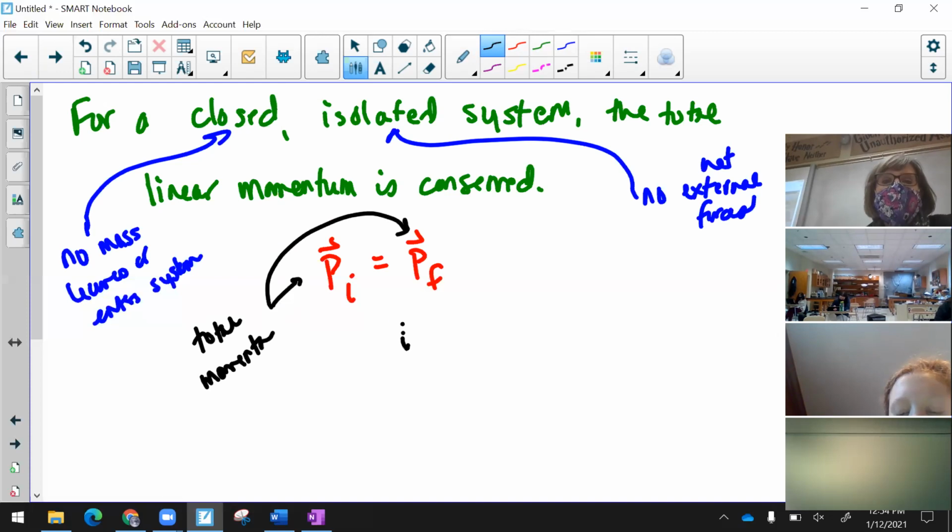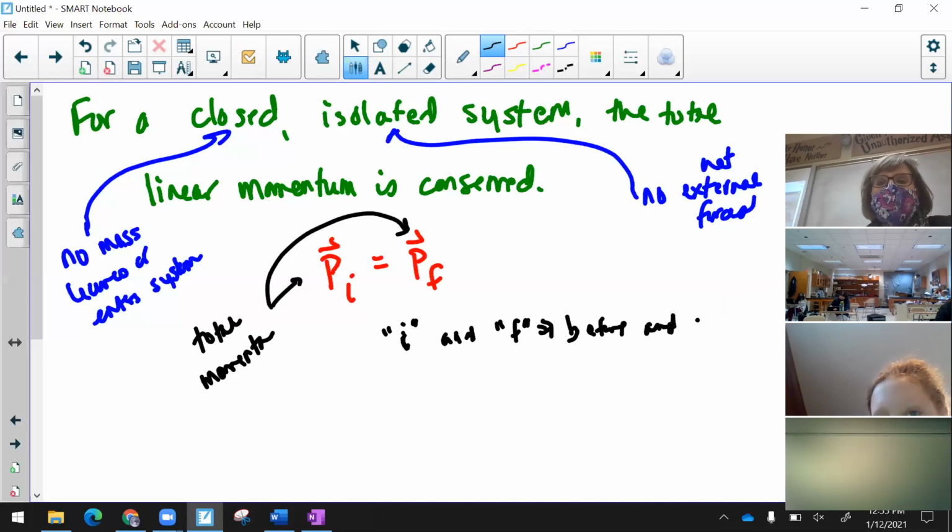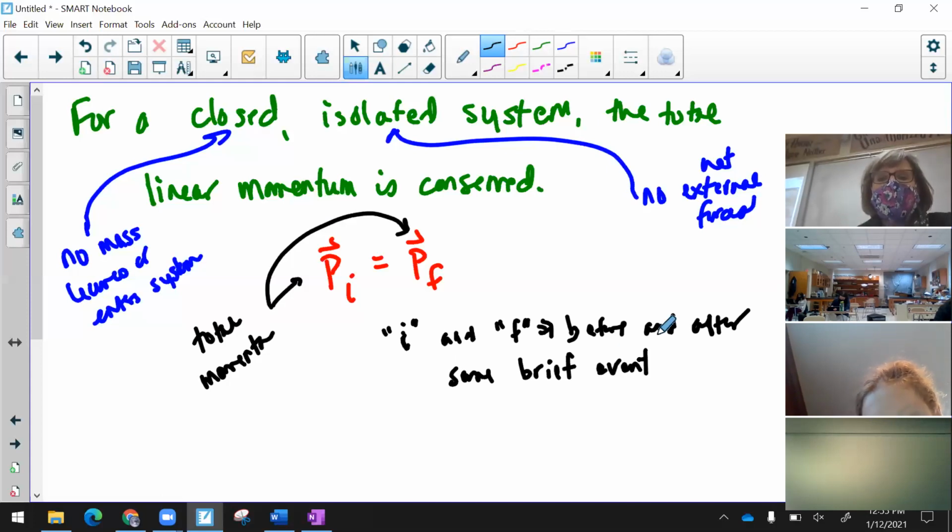And I and F refer to before and after some brief event.